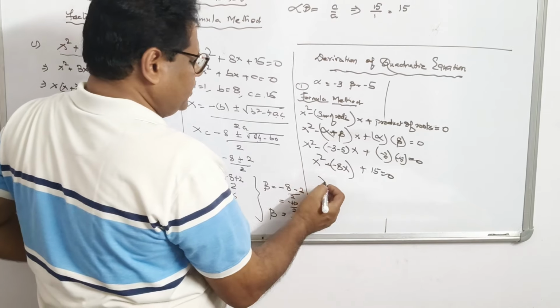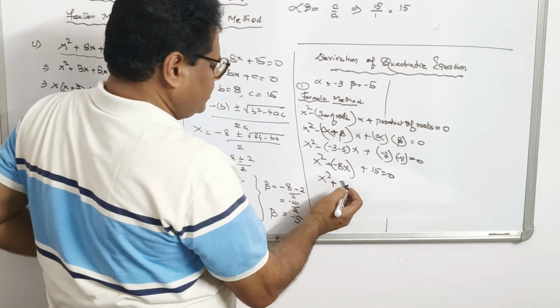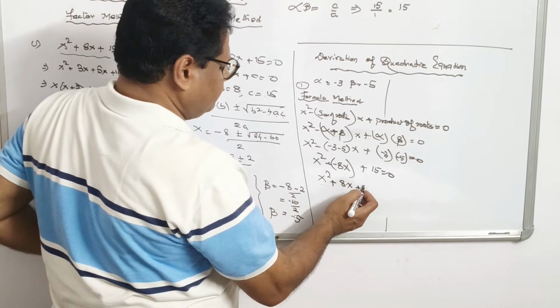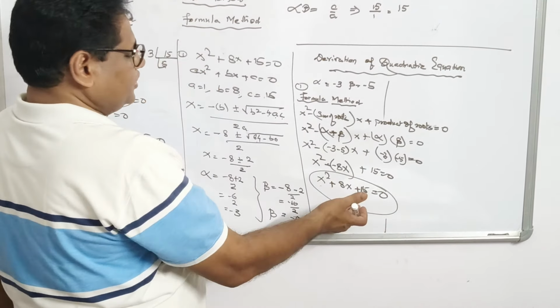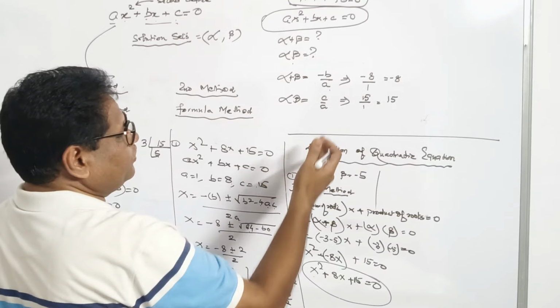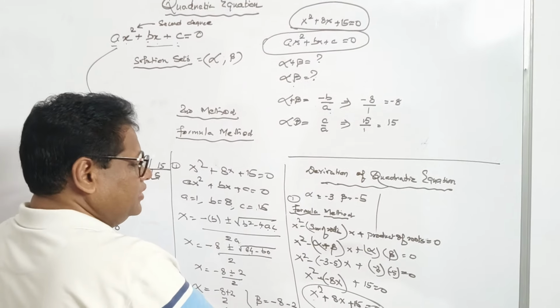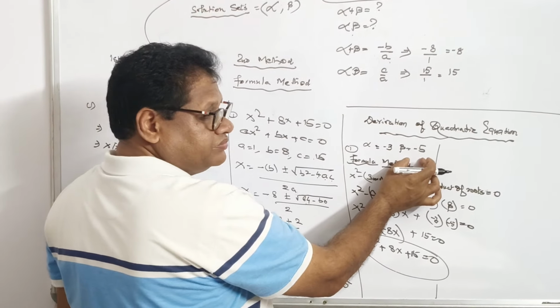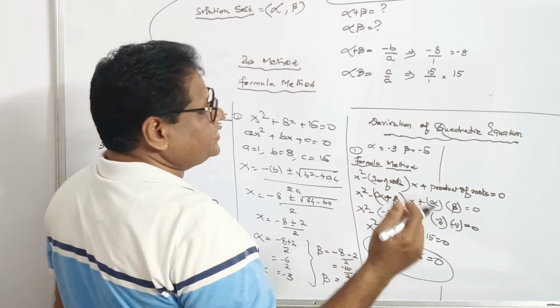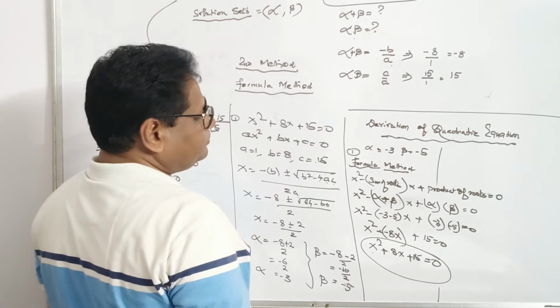On opening the bracket you get the equation x square plus 8x plus 15 equal to 0. Is that clear? So we got the same equation whose solution set you found. So this is applicable, no doubt, when the sum and product is given or alpha and beta are given.